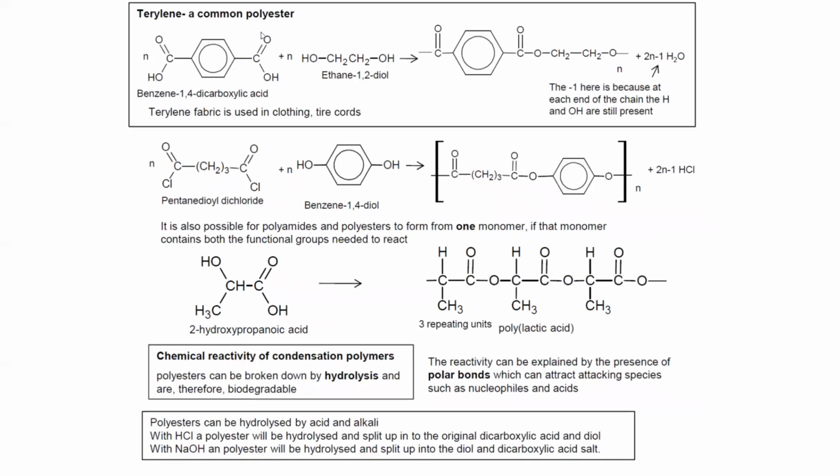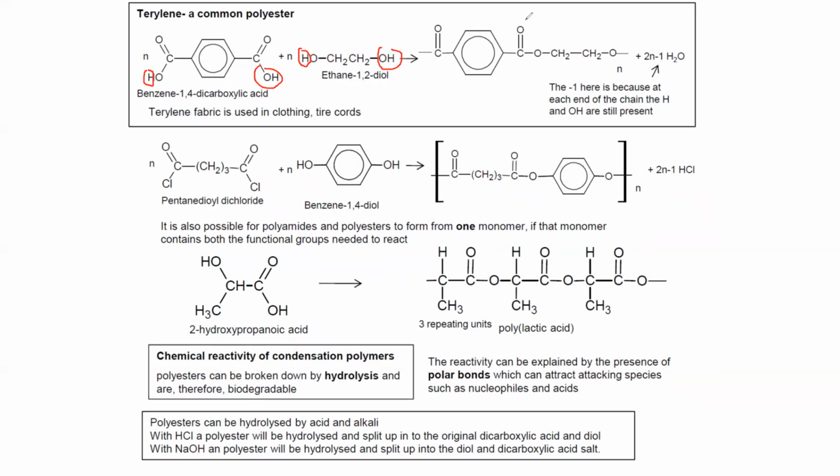So you can see the formation of terylene, a common polyester which we use. So this is dicarboxylic acid and diol. One side you remove H, the other side you remove OH, and then link them together.